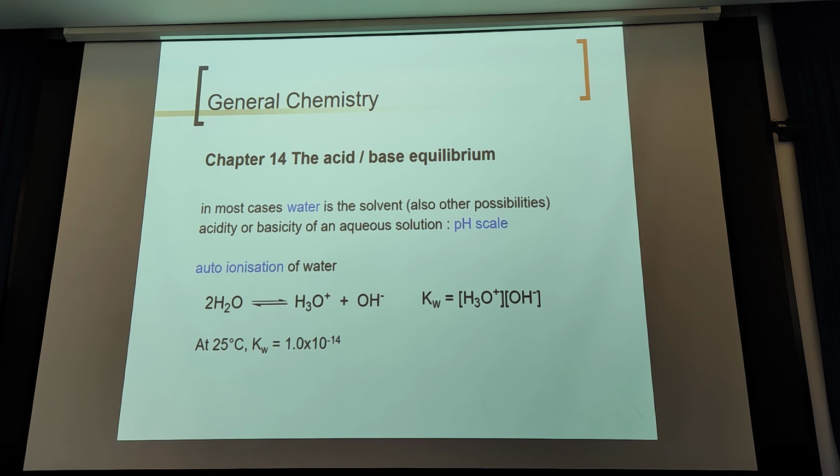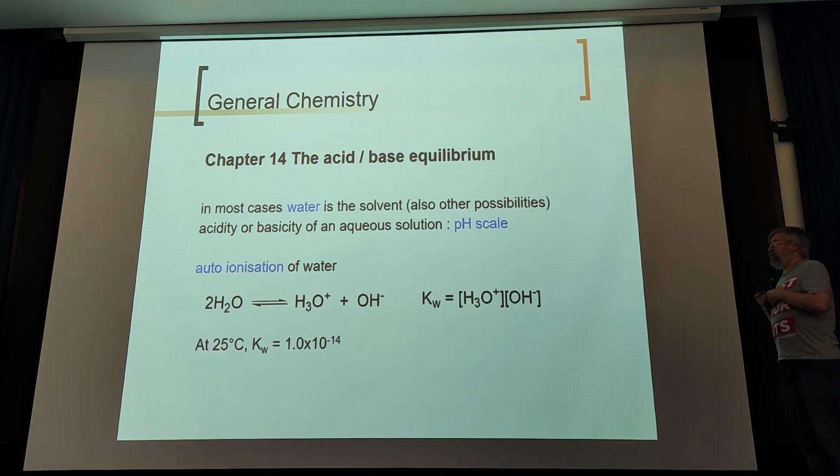But normally protons are never free in solution, they're always highly associated with the water molecules, H3O plus being only one of a lot of possible aggregates that you can form. And the other part then, if you take a proton from the water, is OH minus. So for every H3O plus there has to be an OH minus. And this is the expression for the water auto-ionization equilibrium.